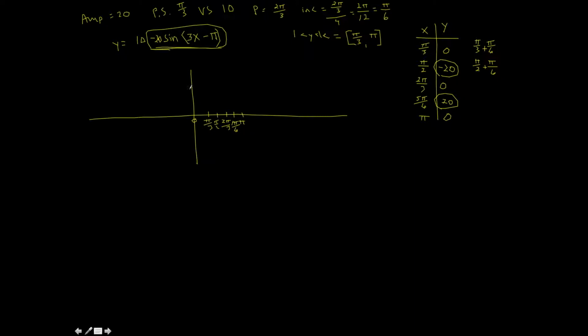So we'll just say that this is 20. And this is negative 20. Okay, so go ahead. Pi over 3 is 0.